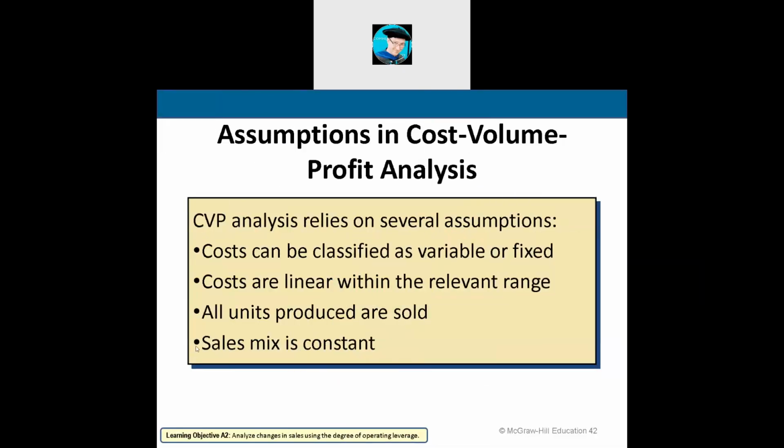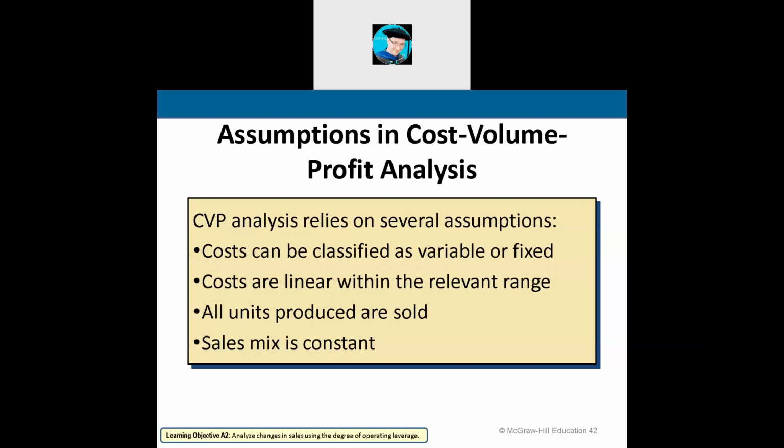Okay, just about done here. When you look at cost, volume, profit analysis that we just talked about, and with respect to break even, figuring out the number of units you need to sell, looking at target profit, looking at all of those variables, there are a couple of assumptions you need to make.